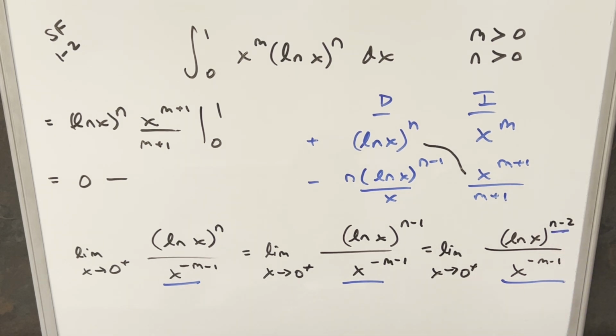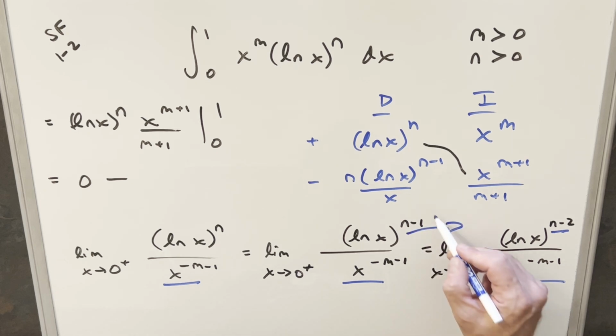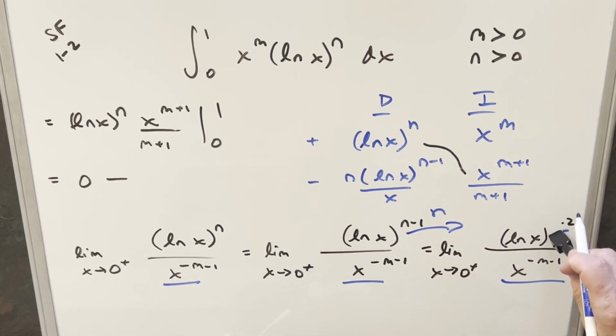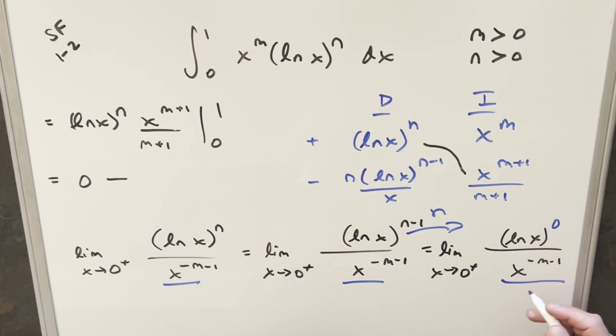It may look like you're doing L'Hopital's rule forever, but that's not the case because n is just some finite value. So eventually, if we do L'Hopital's rule n times, let's say this exponent is going to be 1. At this point it's still an indeterminate form, but if we do it one more time, now the exponent on this is actually 0, and then this is actually 1.